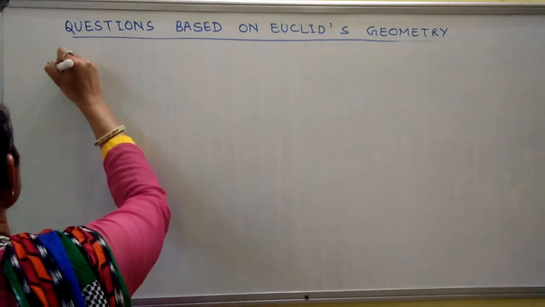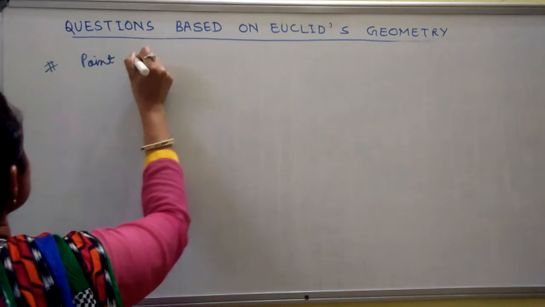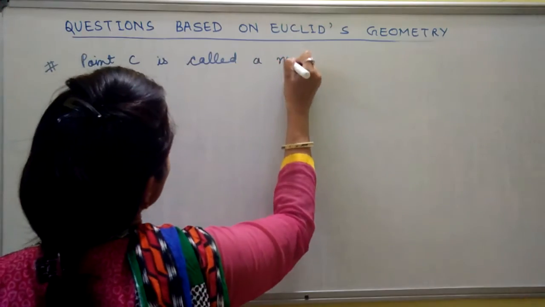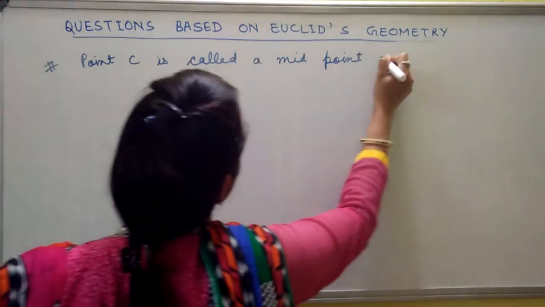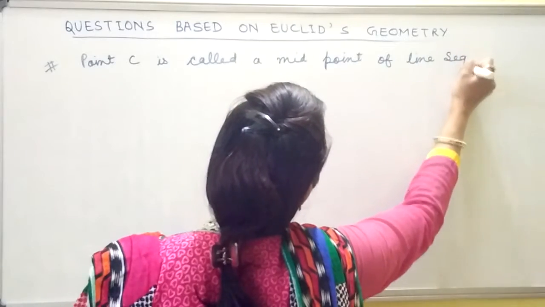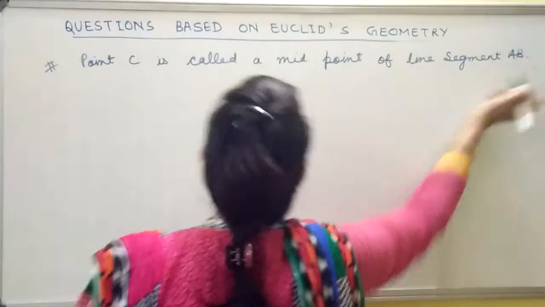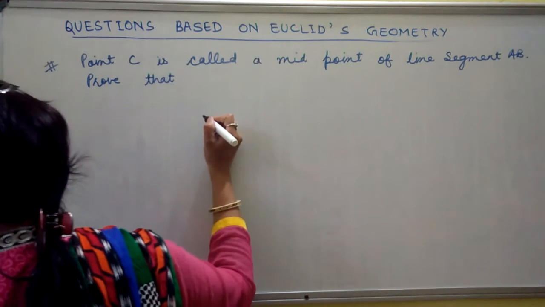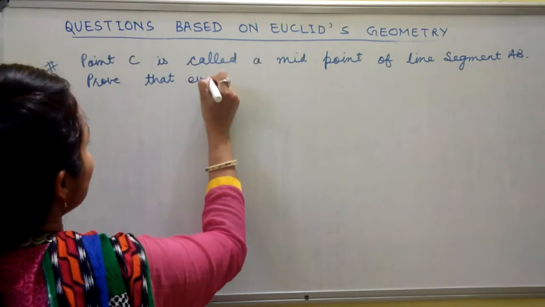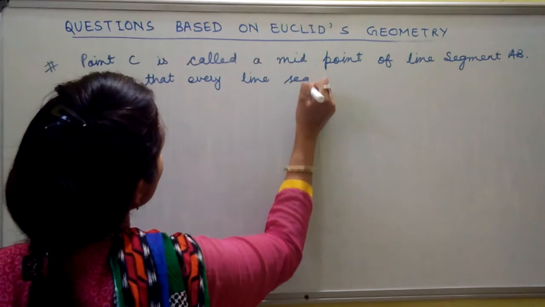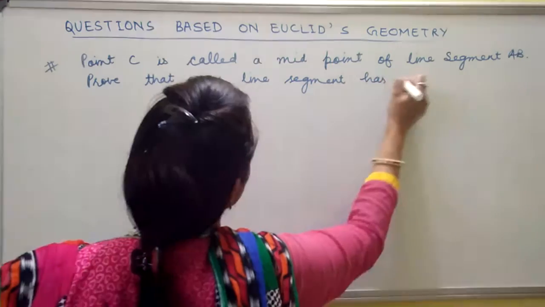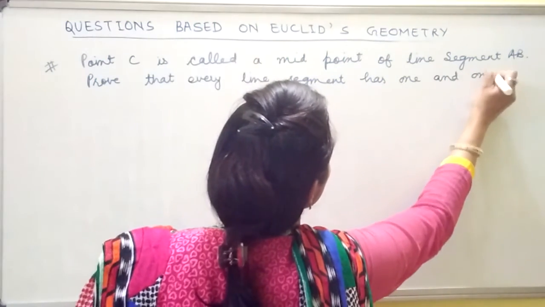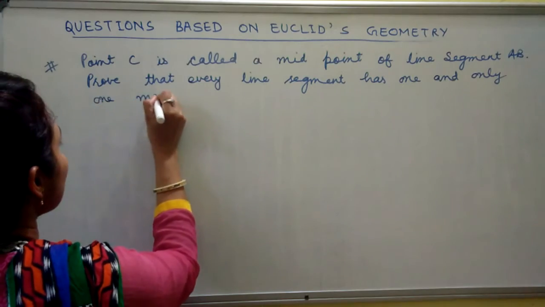Point C is called a midpoint of line segment AB. Then prove that every line segment has one and only one midpoint.